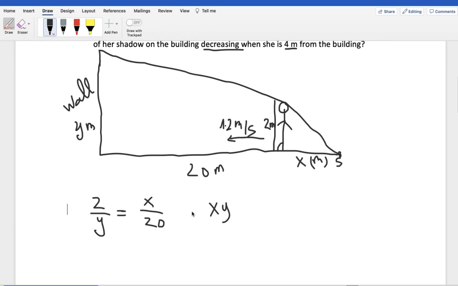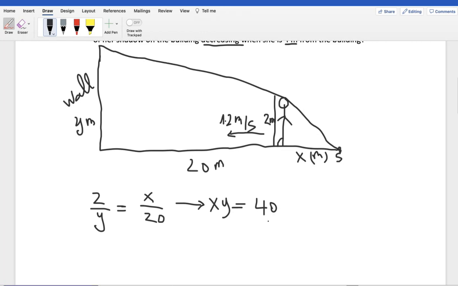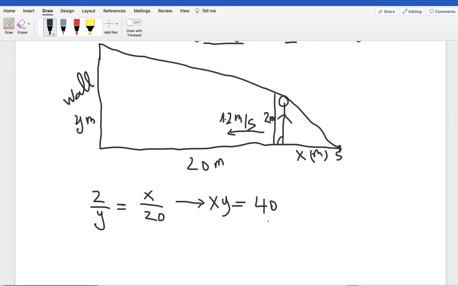So from that, you have that xy is equal to 40.